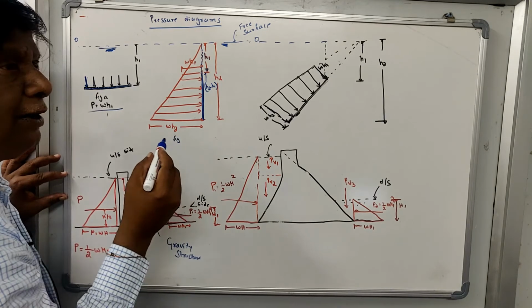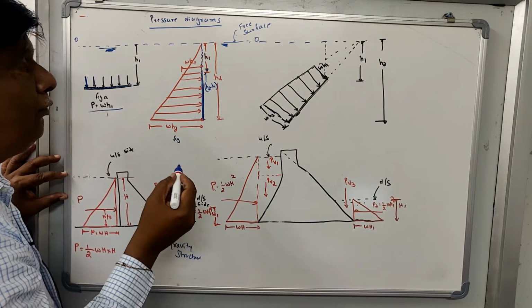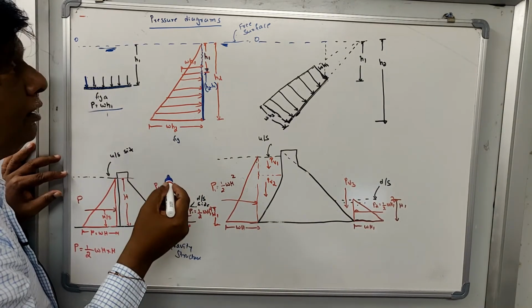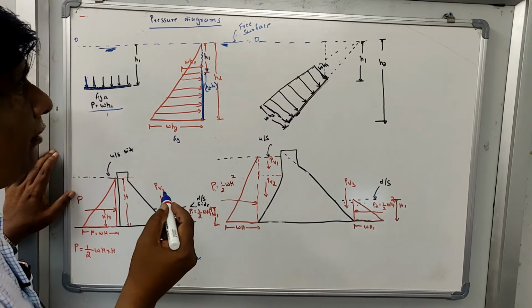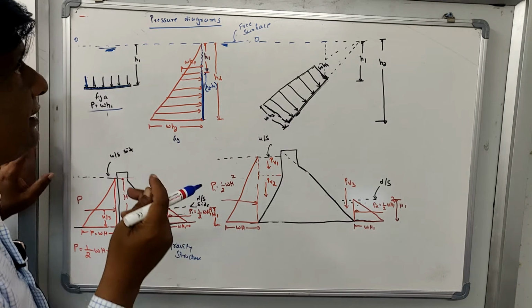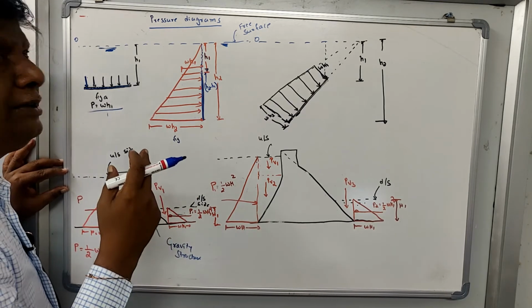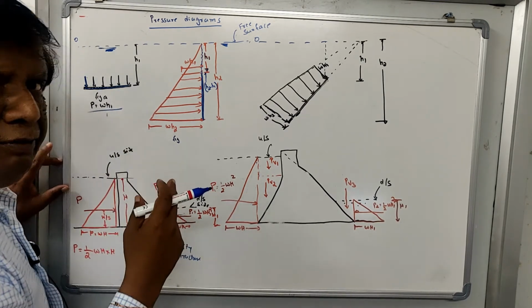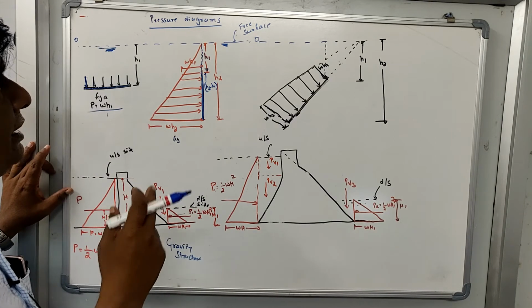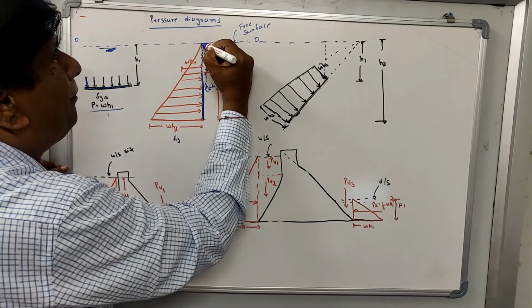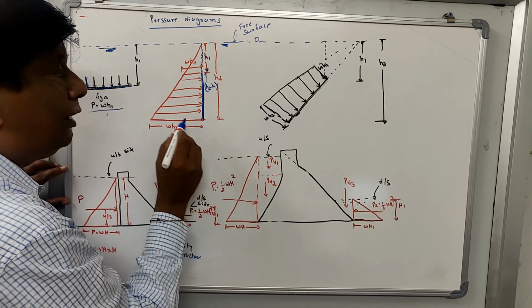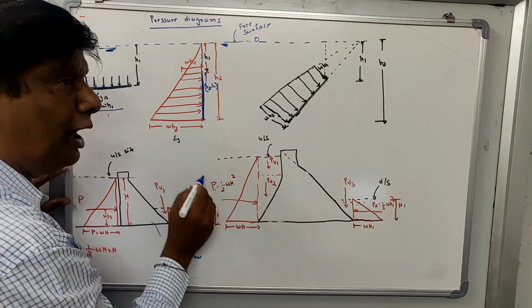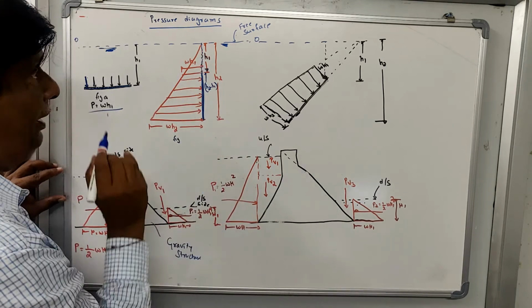Then, from the hydrostatic law, we know that the pressure exerted by the static mass of fluid on any vertical plane is triangular in shape, having zero intensity at the top and maximum intensity wH, that is, the height of the plate.